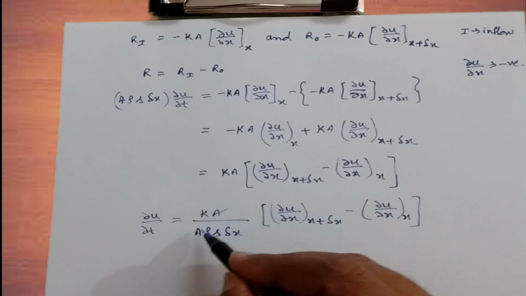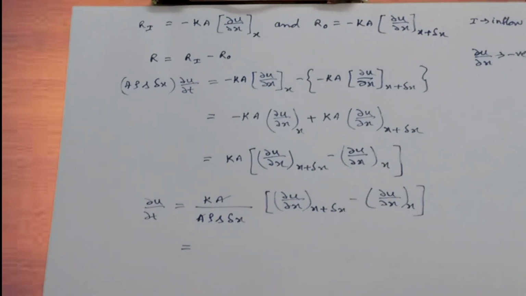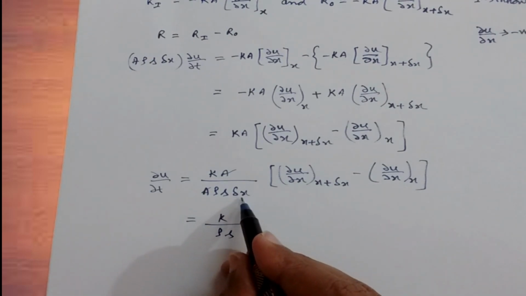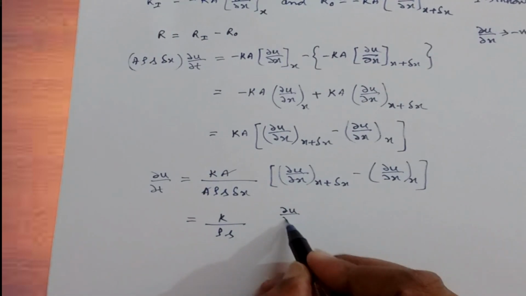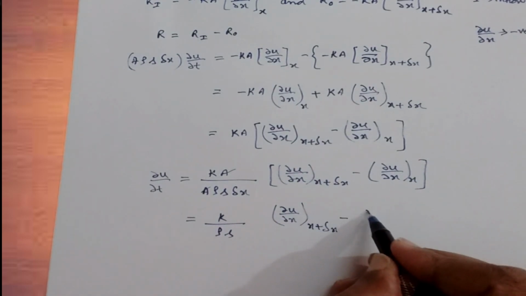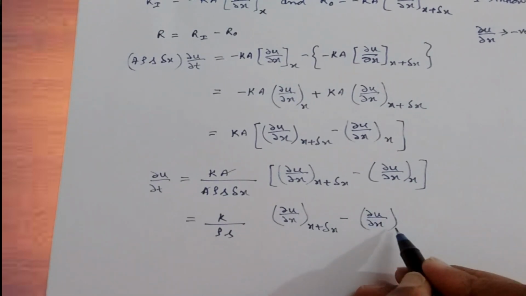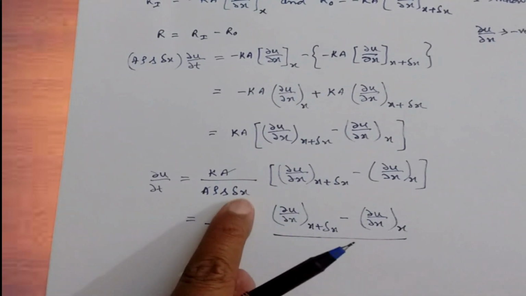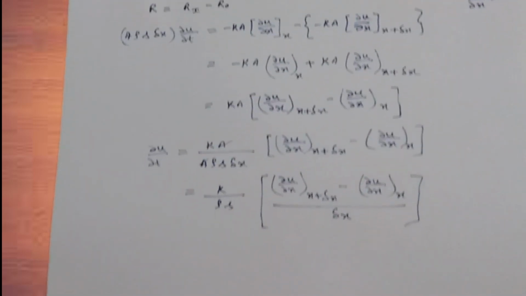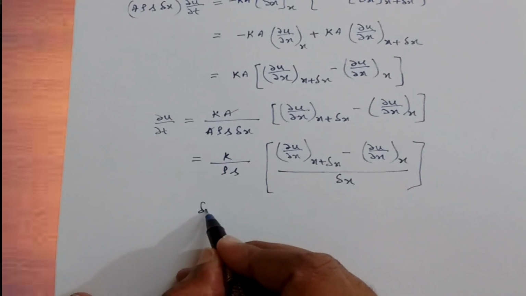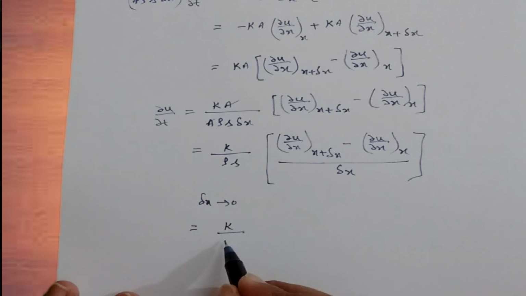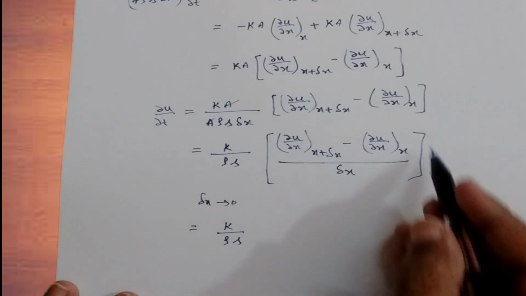We know this A and A will cancel out. We'll be left with K by rho times S. So let us take delta X on this side. It becomes dou U by dou X at X plus delta X minus dou U by dou X at X, whole divided by delta X. As I take the limit delta X tends to 0, it gives us the value K by rho times S. So this represents your partial derivative.